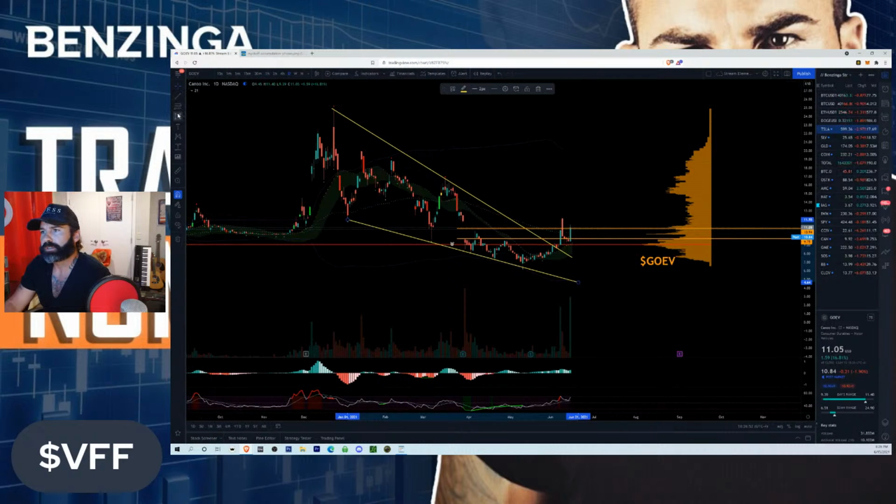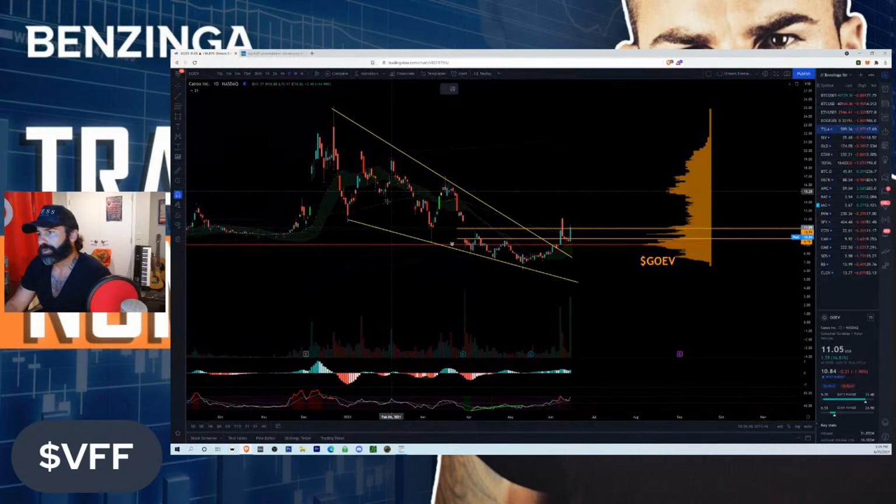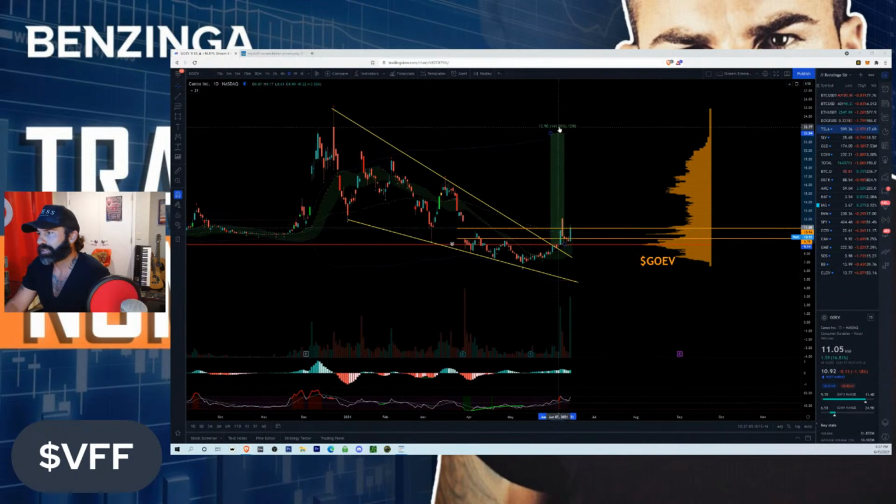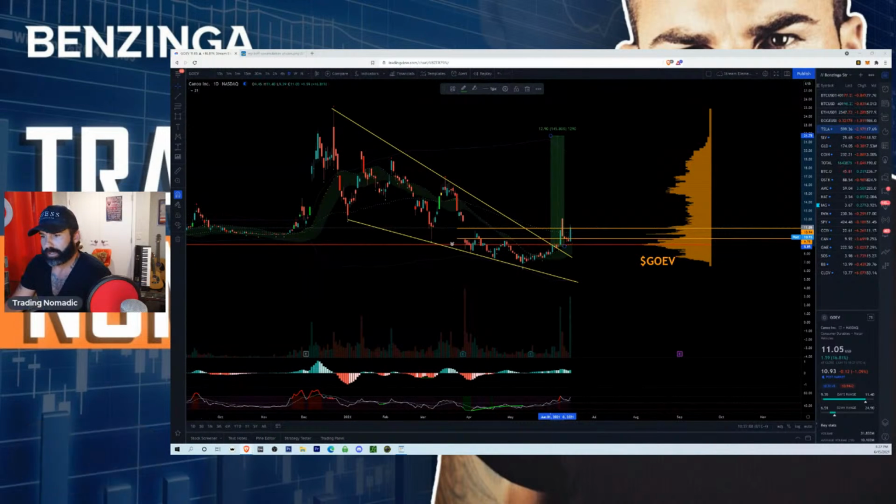And essentially, the way you want to look at a falling wedge is if we were doing a measured move, you're going to want to take your high to the bottom and basically copy and paste that at the breakout. One second here.